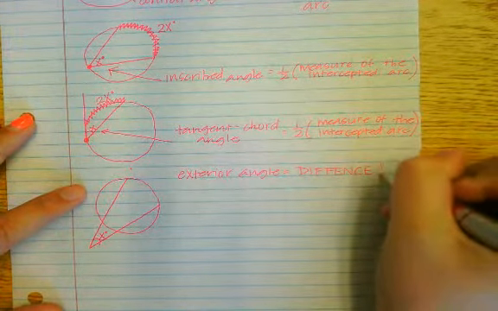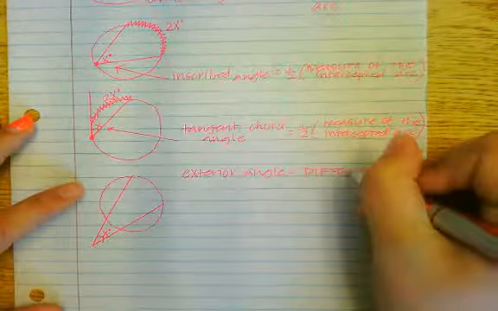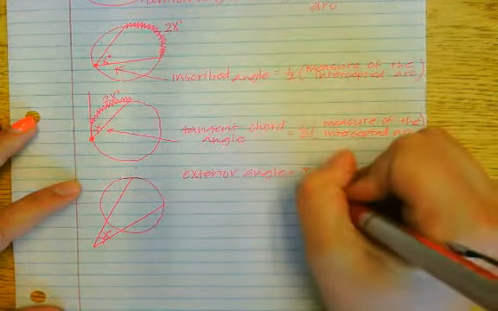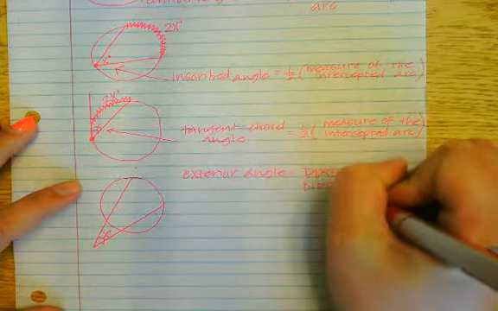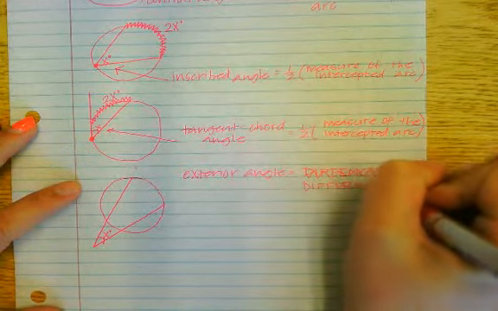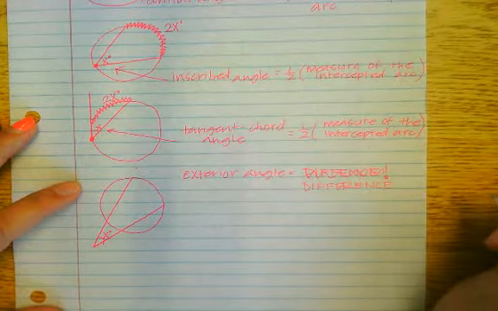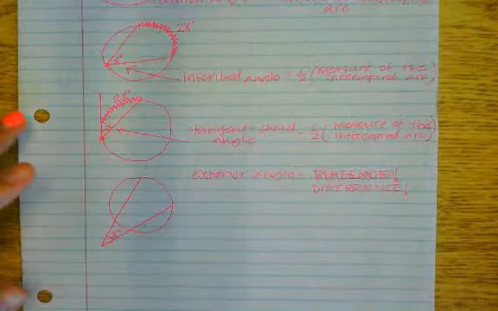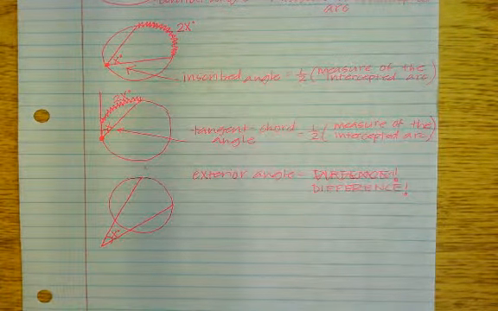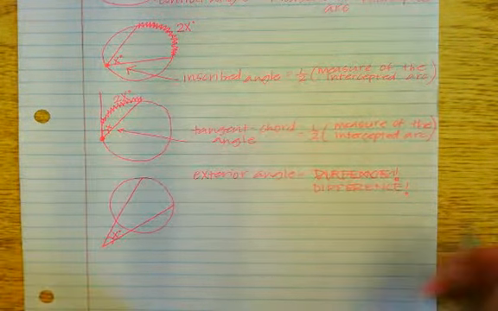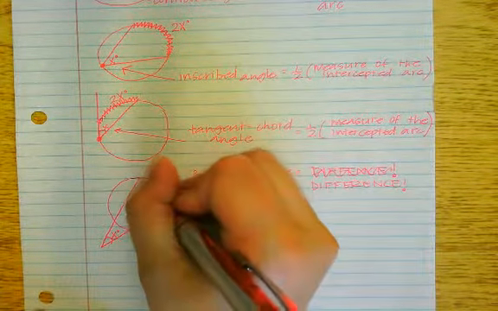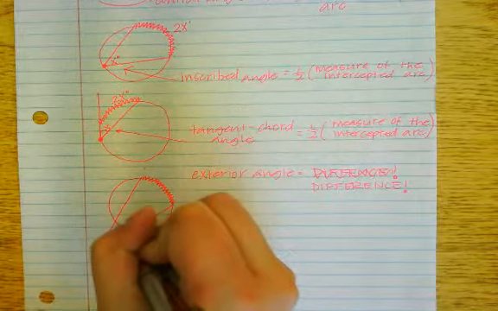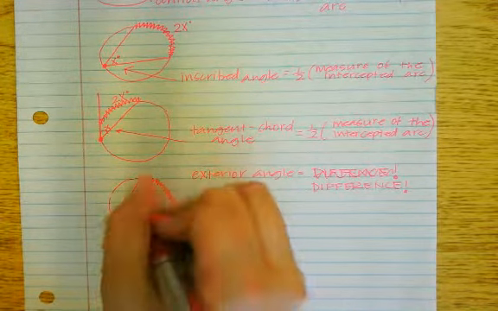For an exterior angle, you're taking the difference of your intercepted arcs. So remember, intercepted arc number 1, intercepted arc number 2, and you are subtracting them.